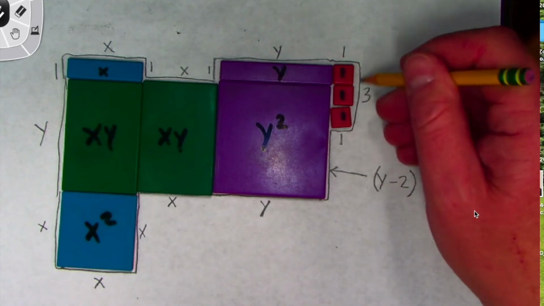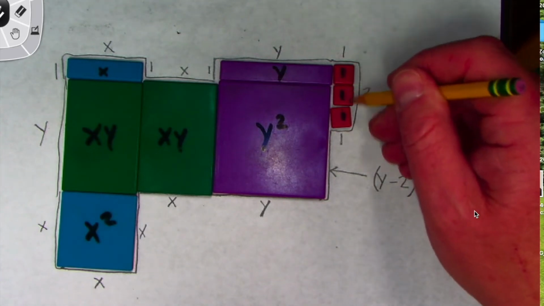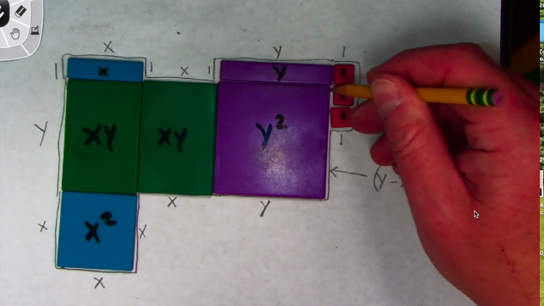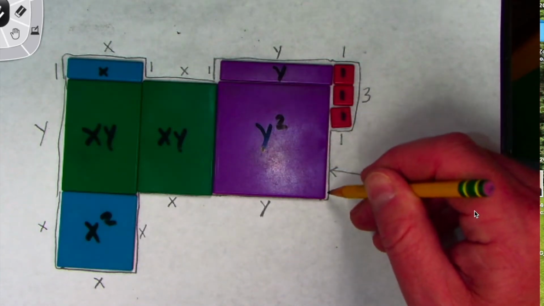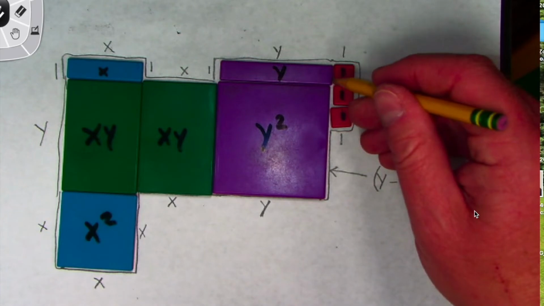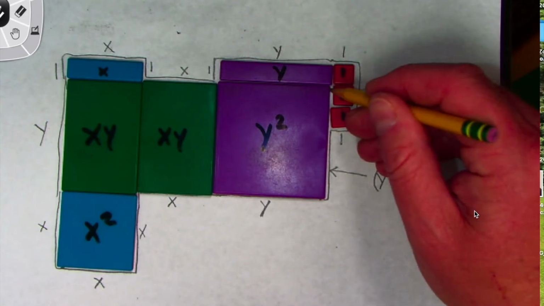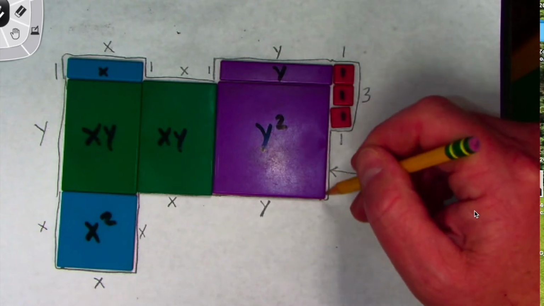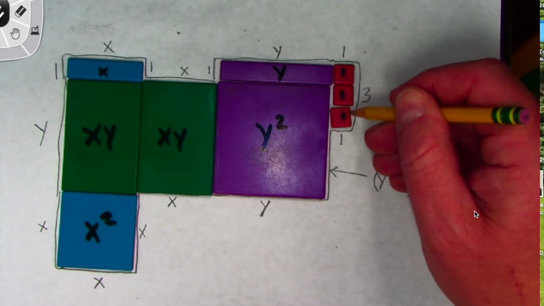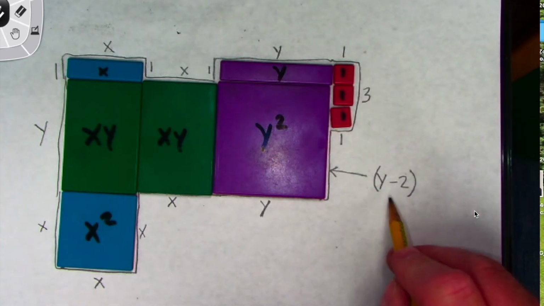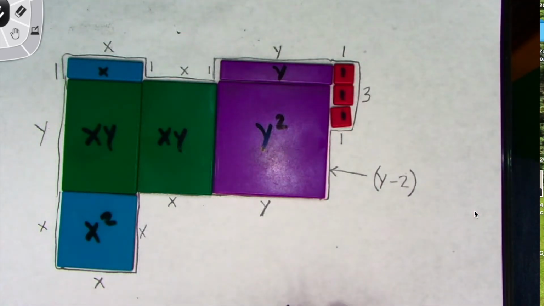I know that this is 3 because here's 1, 2, 3, but from here down to here is y, right? So this right here is 1, which is covered right here. But from here to here is y, and these are the only two that are covering up right here. So y minus 2. All right, I think I've traced the whole thing.